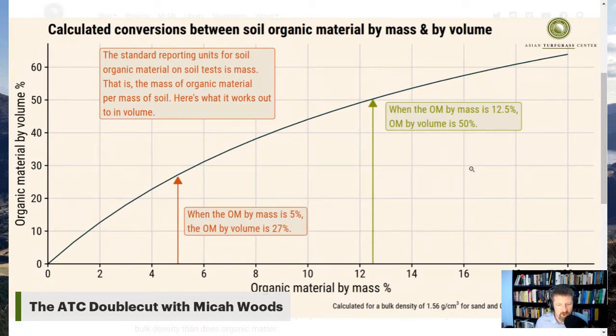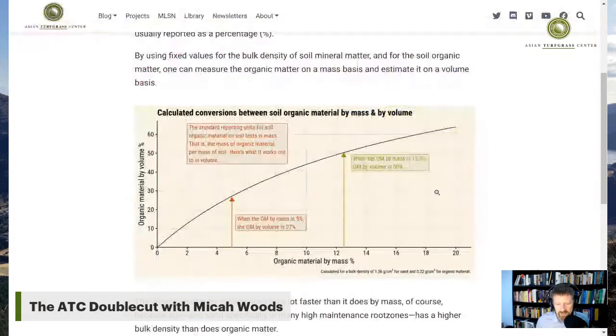Now, this is based on a bulk density of sand being 1.56 grams per cubic centimeter, and the bulk density of organic material being 0.22 grams per cubic centimeter. That may not be exactly what they are, but this shows how the relationship works out.